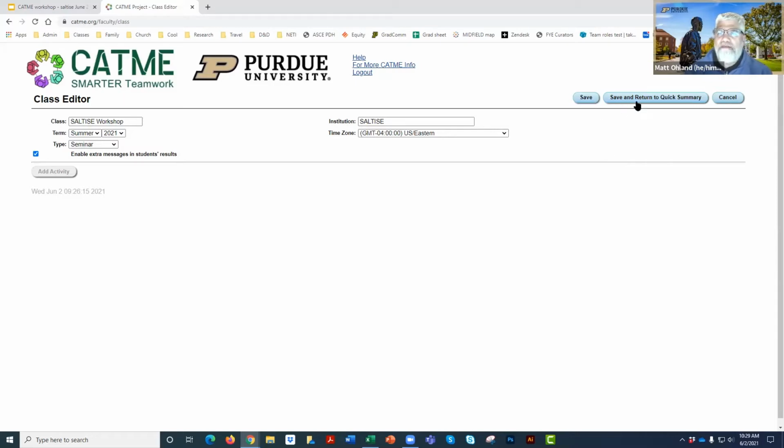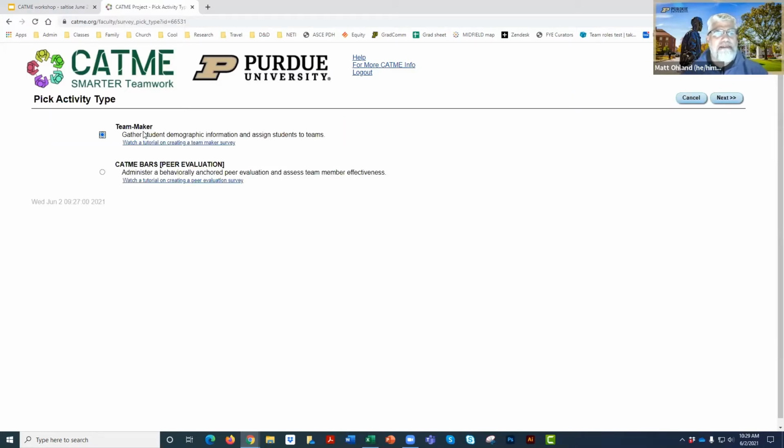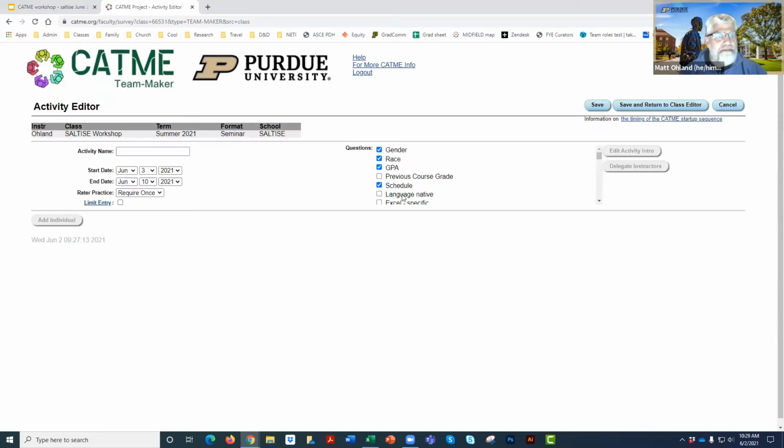So as soon as you save that, it opens the possibility of creating an activity. And in this case, we will create a Teammaker activity, which, since we haven't done any before, the system assumes that's the first thing we want to do. But there are some people who do just use the peer evaluation, and that's fine. So creating a Teammaker activity, let me decide what the criteria are.